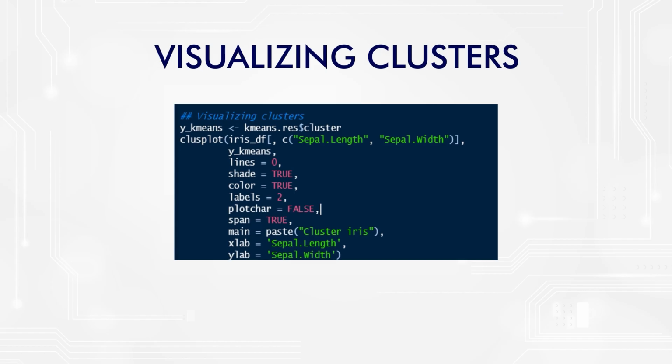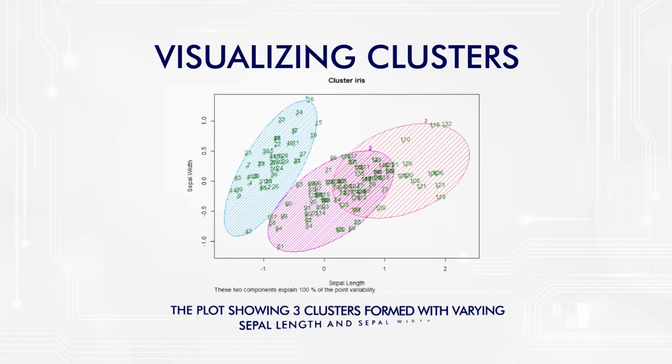After that you can set various parameters and it will draw the line across the boundaries of the cluster. You can see here that cluster 2 and cluster 3 are very close to each other and some areas are overlapping. That is why there is not much accuracy: the features are very close to each other, so misclassification occurs.